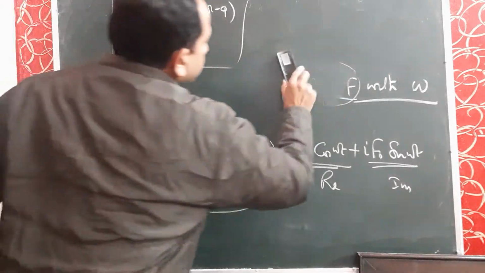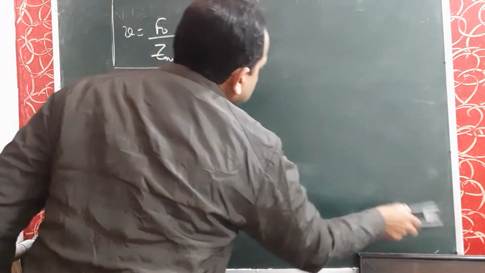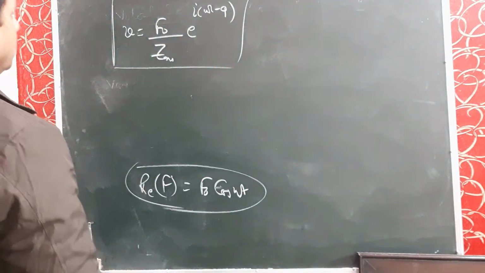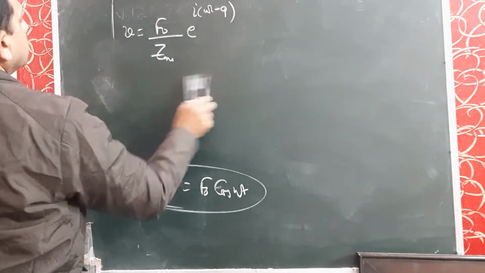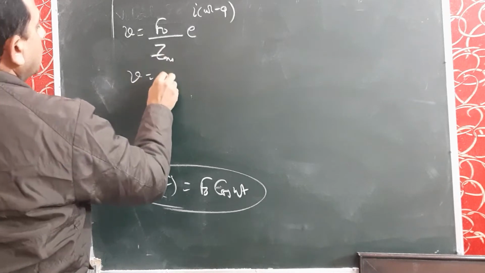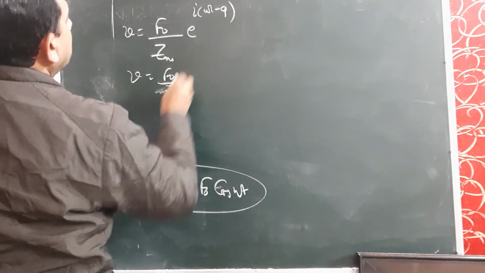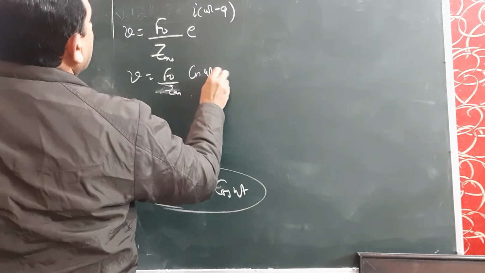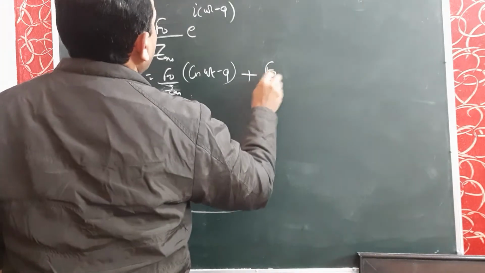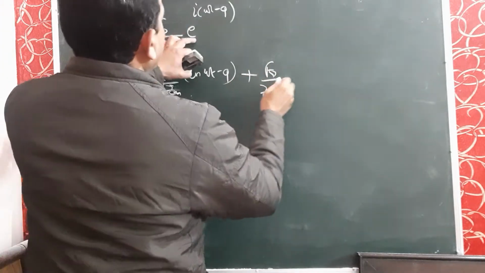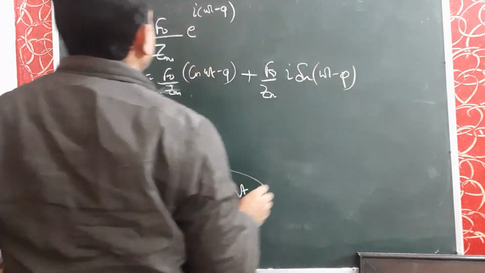Now we have to solve the real part of velocity. So when we split this velocity in two parts, velocity is equal to F naught upon Zm into cos of omega t minus phi, plus similarly F naught upon Zm into iota sine of omega t minus phi.